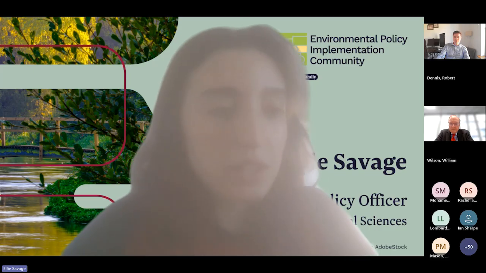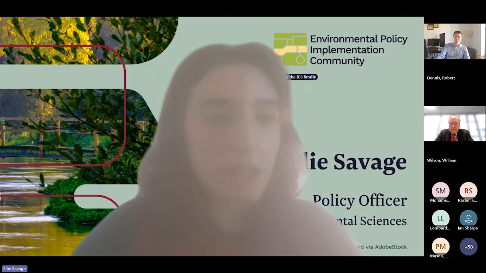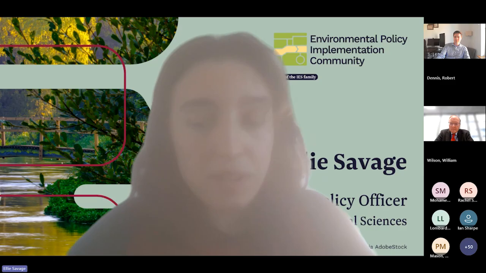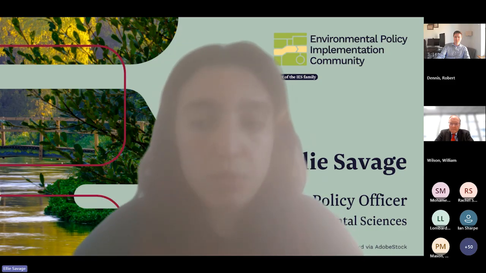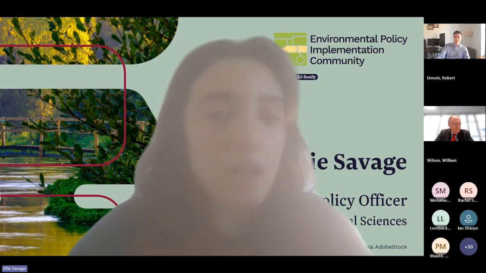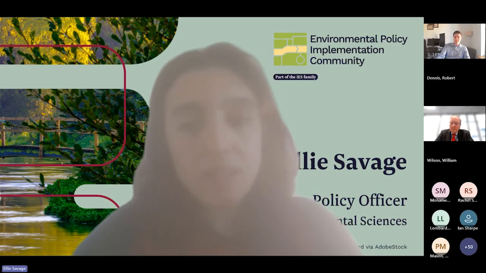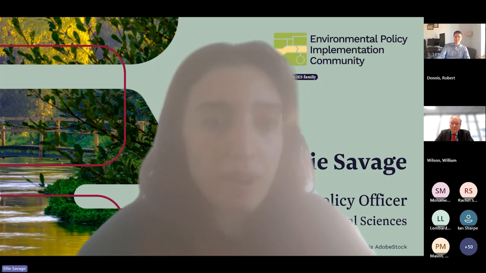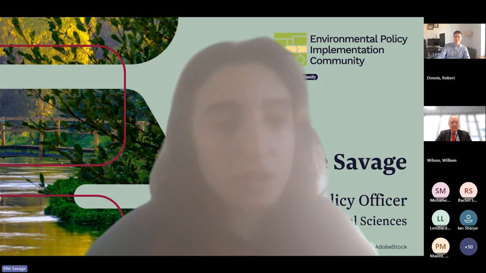Also joining us today is Rob Dennis, a lawyer at the OEP's Legal Research and Analysis team. Rob has worked at the OEP since 2023, conducting legal research and providing advice on matters involving a wide range of environmental laws. Prior to his time at the OEP, Rob worked in private practice, specialising in commercial property law. So without any further ado, I will hand over now to William.